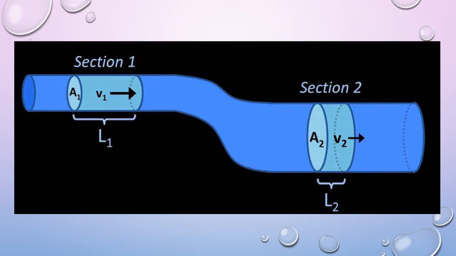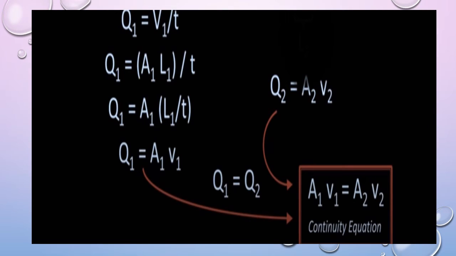Now we can write the fluid flow through the segment as the volume divided by time, that is Q1 is equal to V1 over T, where V1 here is the volume.